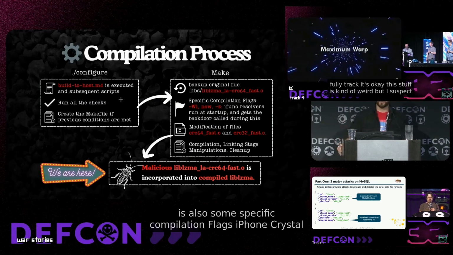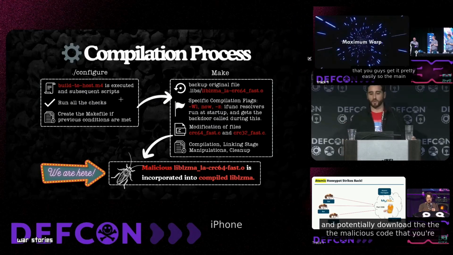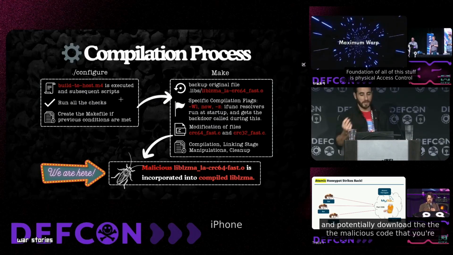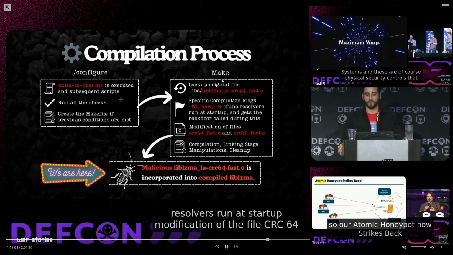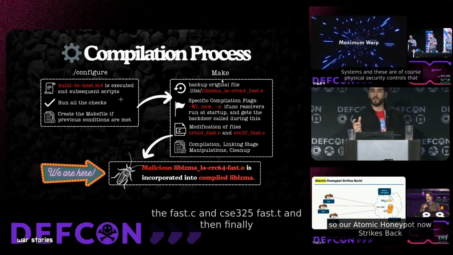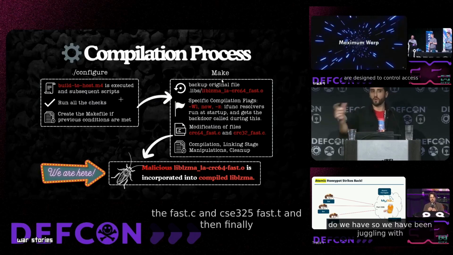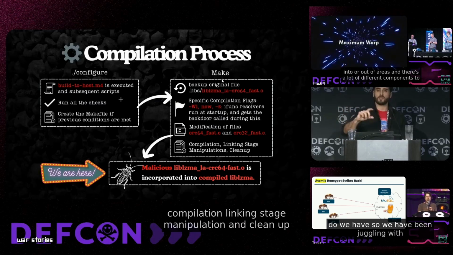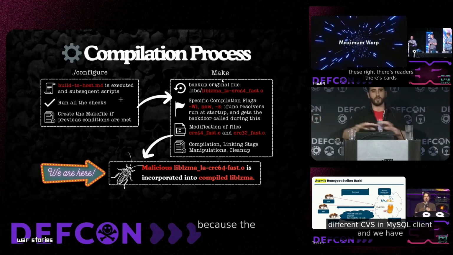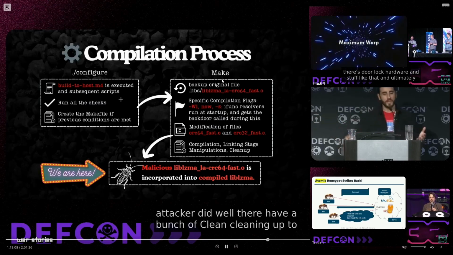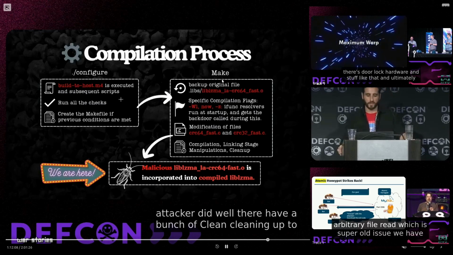Then during the make process, there is a backup of the original file which has been backdoored, liblzma ls-crc64 fast.o. There is a backup because if something goes wrong, the code itself can push back the original file, and so there is no trace in the final release of the xz utils package.